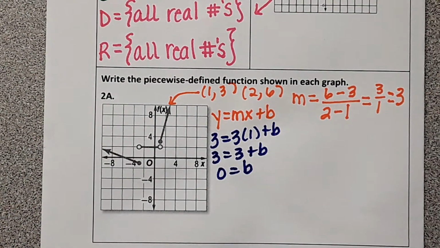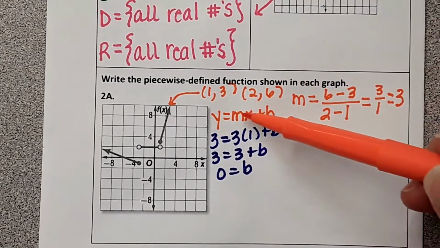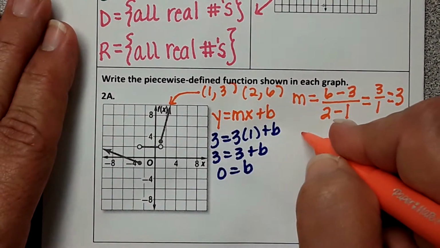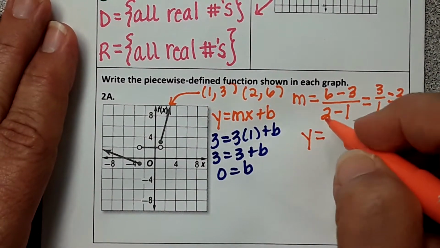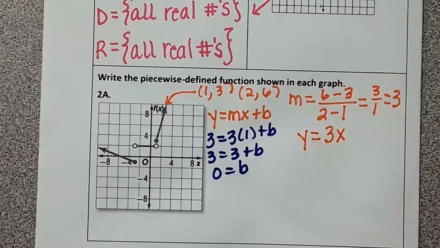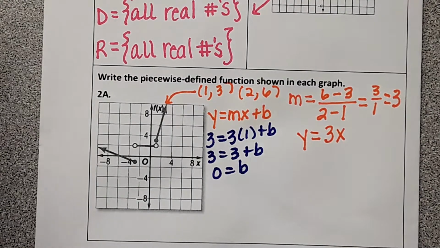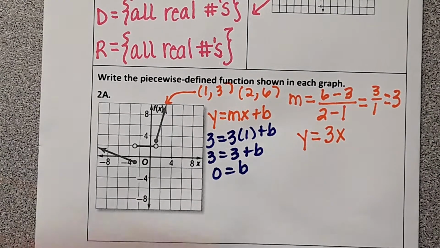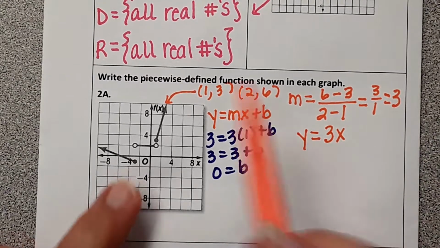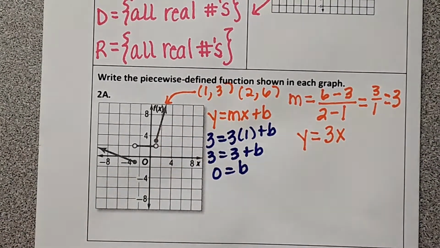So my y-intercept is 0. Okay, so my slope would be 3, my b would be 0. So this line would be y equals what? 3x. You could put plus 0. Do you have to put the plus 0? You don't have to put the plus 0, so it's that way. Okay, so that's our first line.